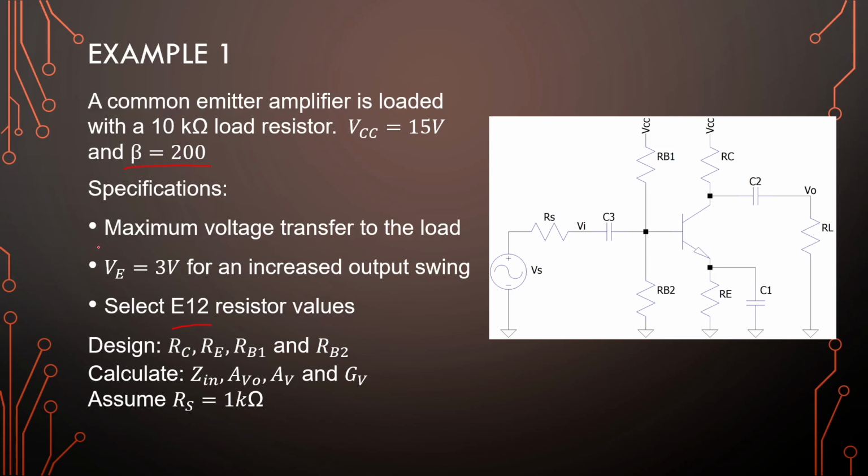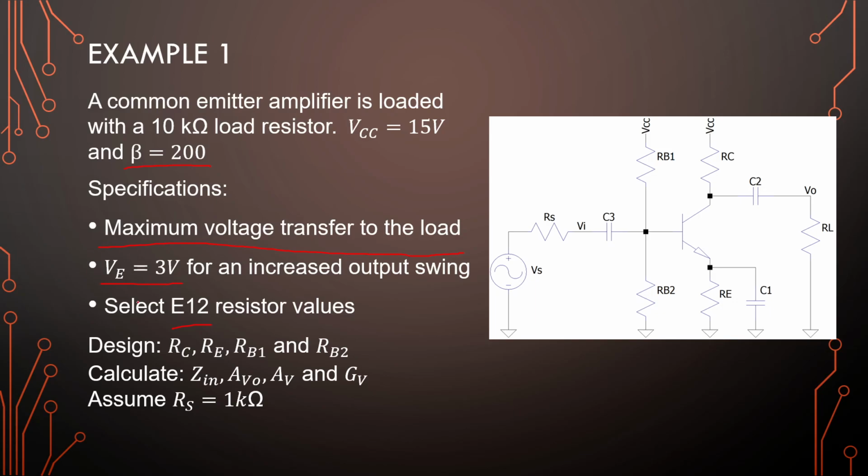This one we need to design for maximum transfer to the load. So we have some specifics on the output here, and then design for an emitter voltage of 3 volts for increased output swing right here.